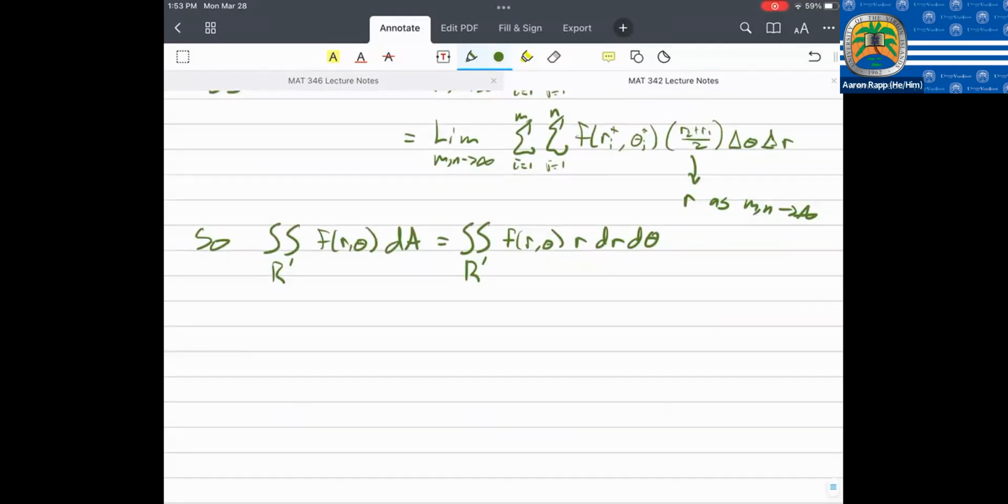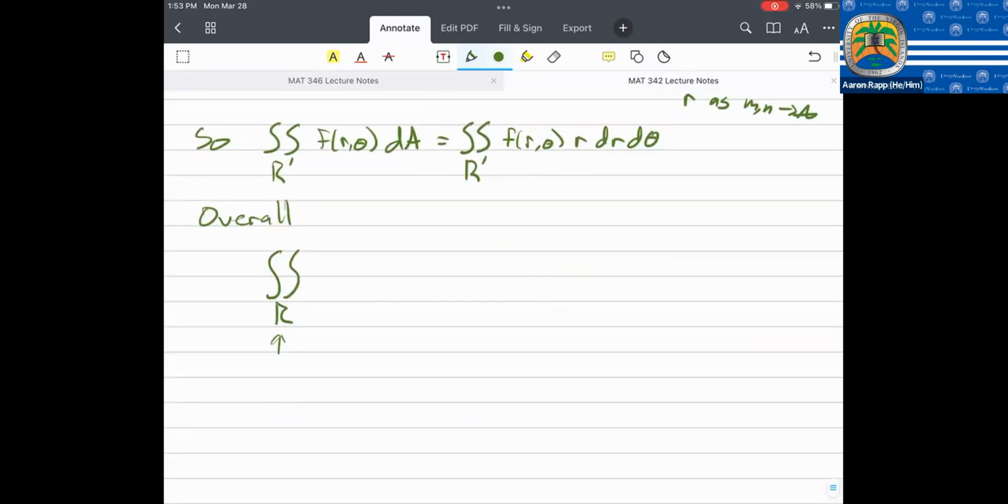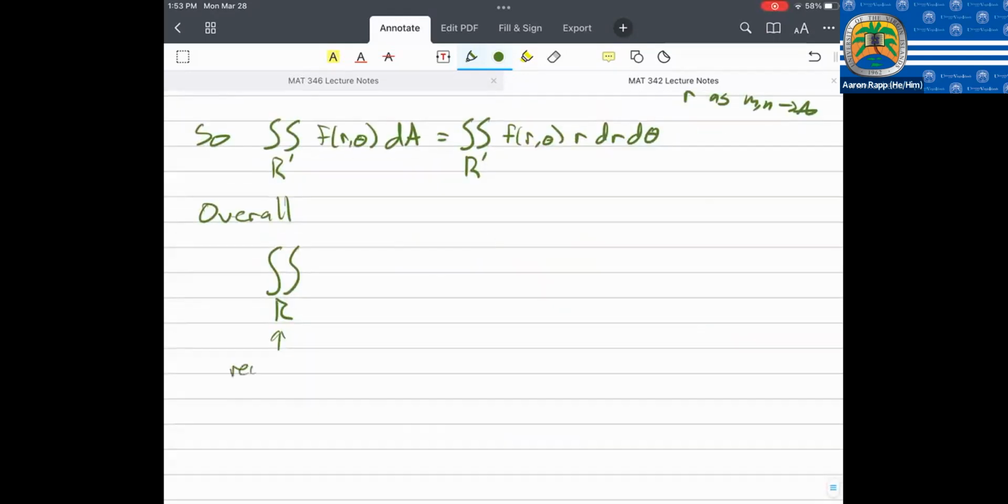So overall, this is the last thing, because I definitely see the time. My rectangular region, if this is a function of x and y, it doesn't really matter, dx dy or dy dx, we're good. I can end up changing this into an integration over a polar coordinates region.